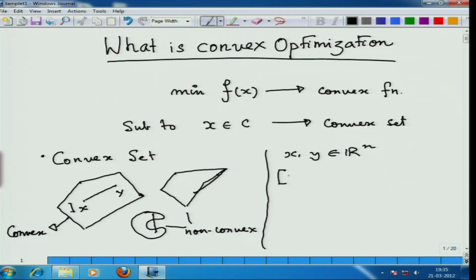The line segment is usually denoted with this symbol. It is a set of all z which is expressed as lambda times y plus 1 minus lambda times x, where lambda is a number between 0 and 1.